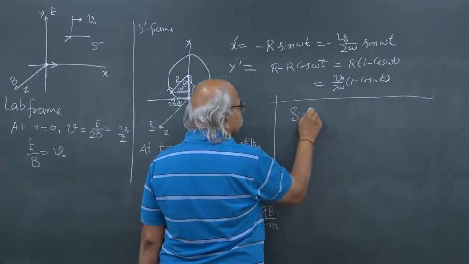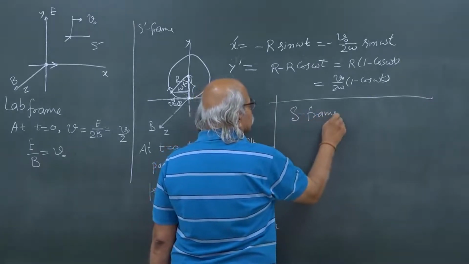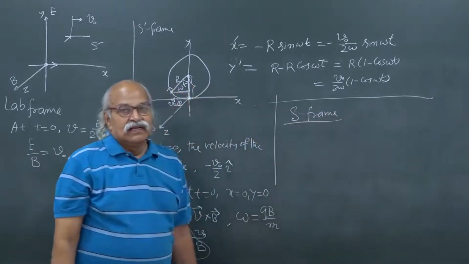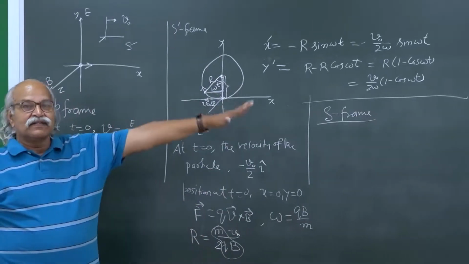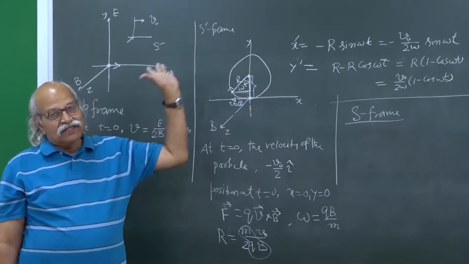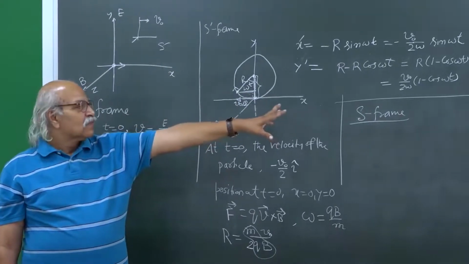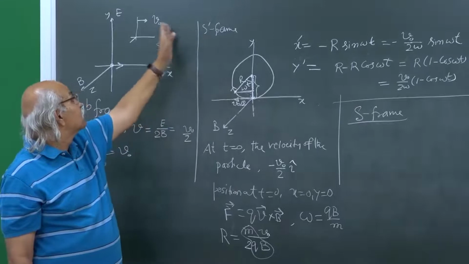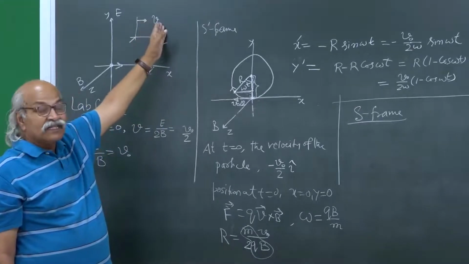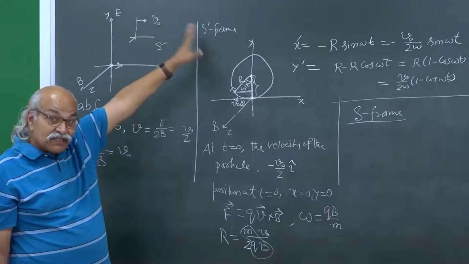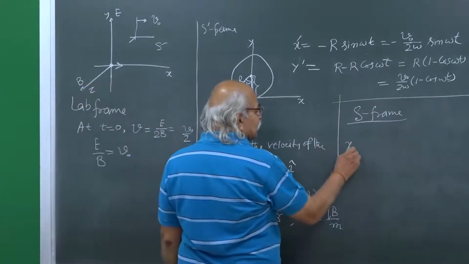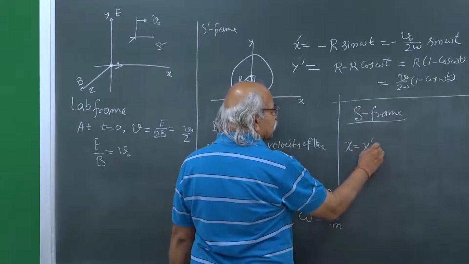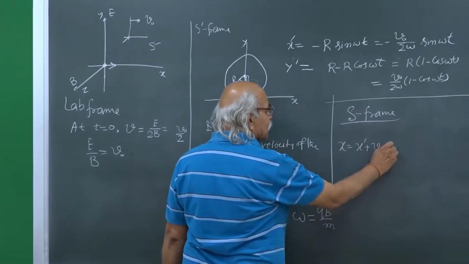Now, come back to S. As S prime is moving in positive x direction with a constant velocity v naught, your x will be equal to x prime plus v naught t.